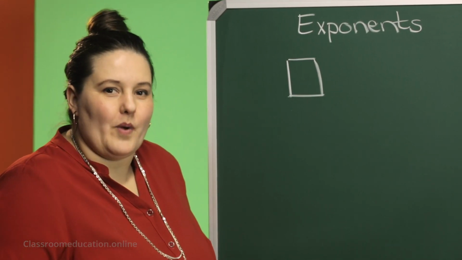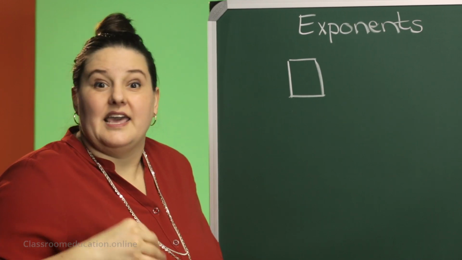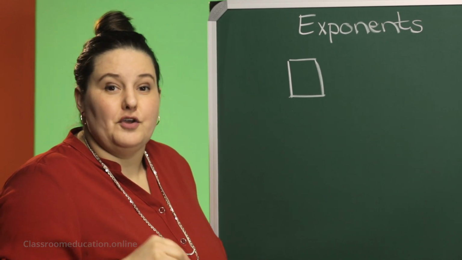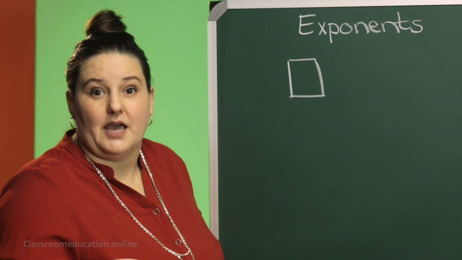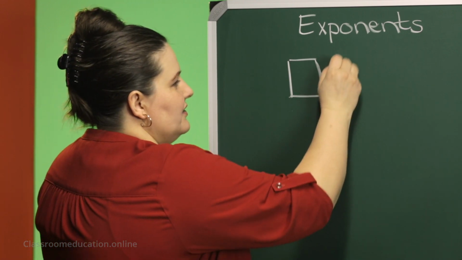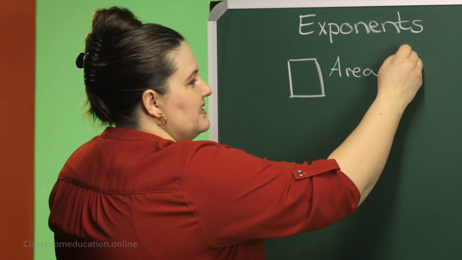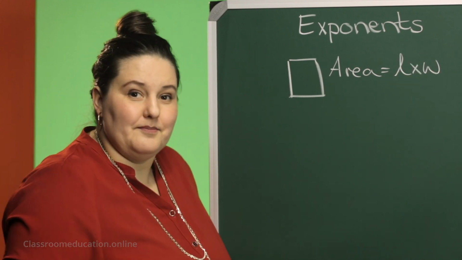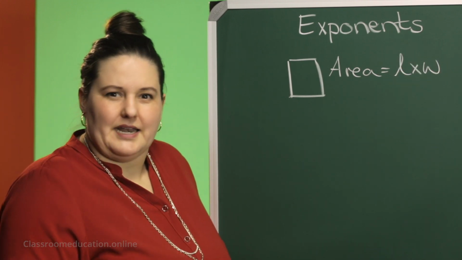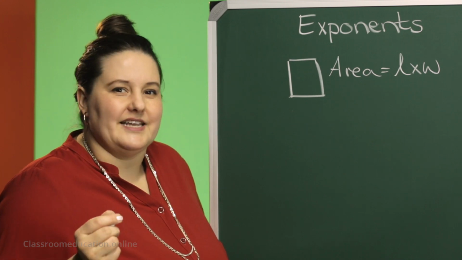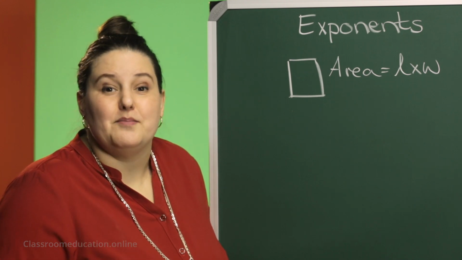If you have a square, what is the area of the square? Do you agree that the area is length times width? Let's write it down: area equals length times width. But what do you know about a square? The sides are the same length.